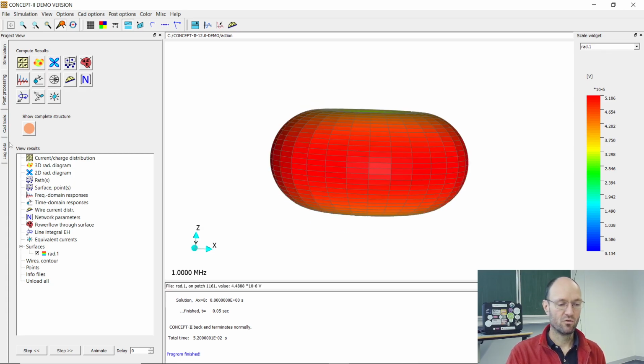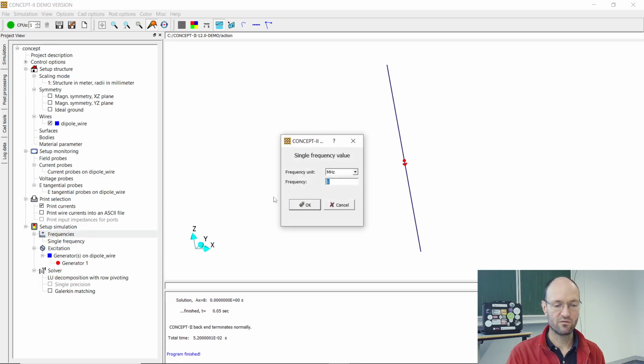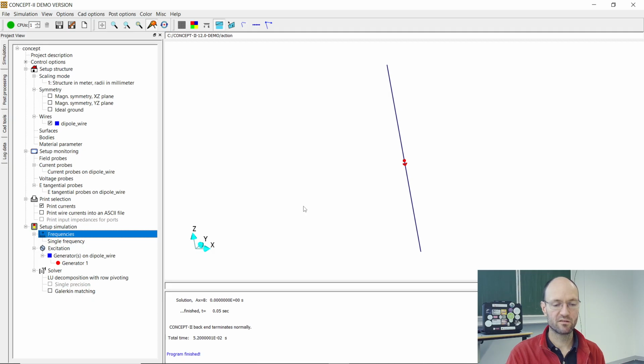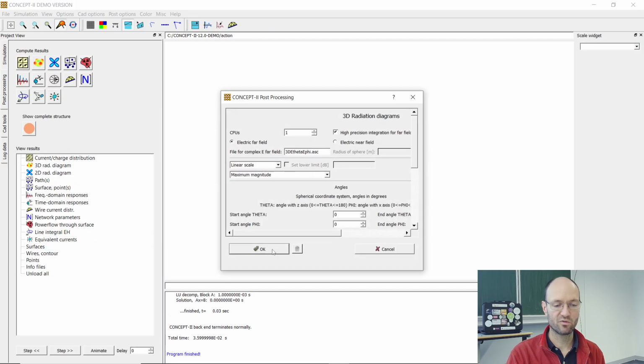Okay, so we can check what happens if we go to higher frequencies. Once again, if we go to 10 megahertz, the wavelength was 30 meters. Remember, the dipole was still small in comparison with the wavelength. So what would you expect? No changes.